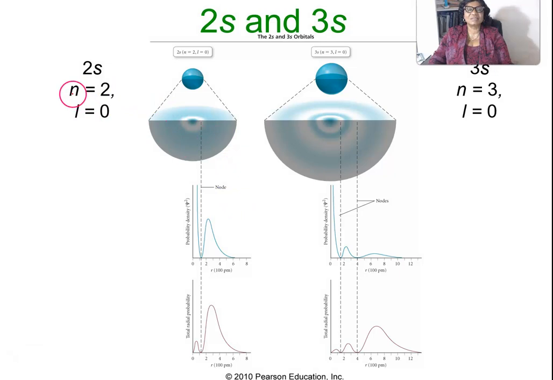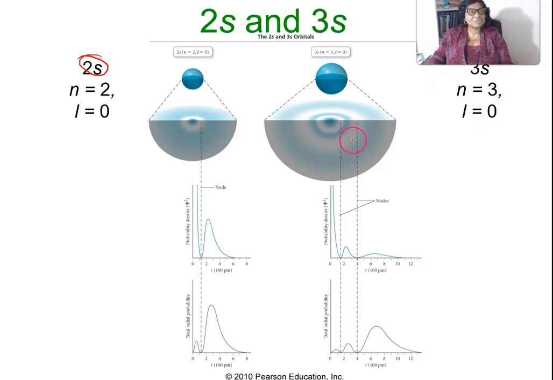So this is 2s. n is 2 and l is 0. You see, it has just one node. For the 3s orbital, n is 3 and l is 0.